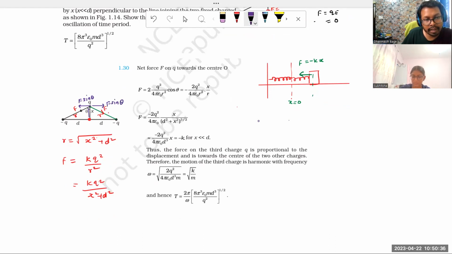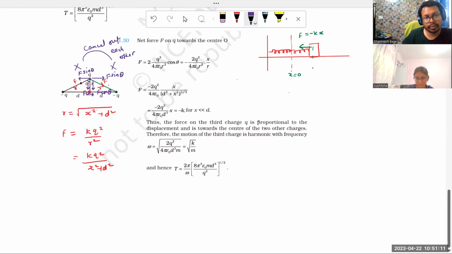And there will be one F cos theta and another F cos theta in this direction. F cos theta, F cos theta, isn't it? So you can see these forces will cancel out each other.